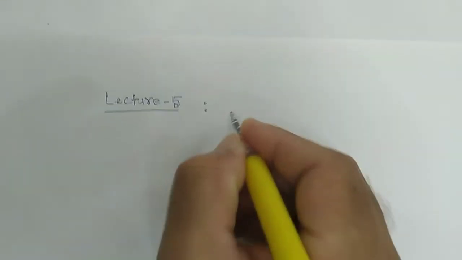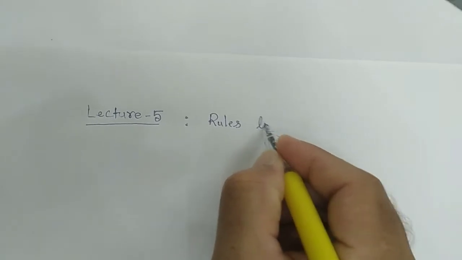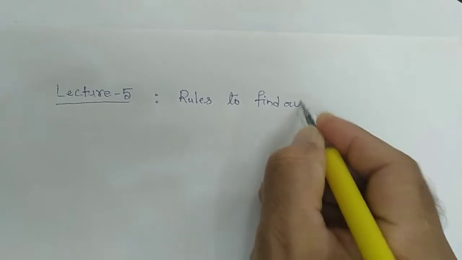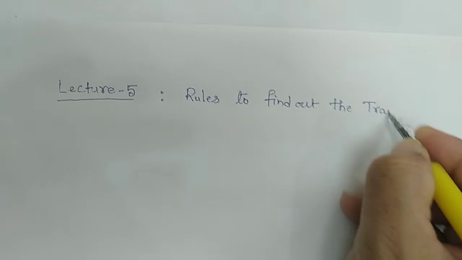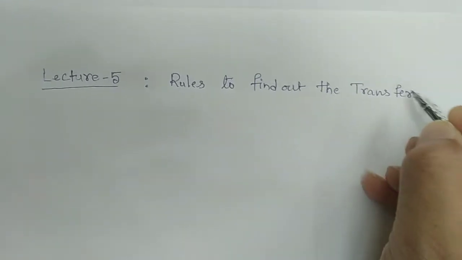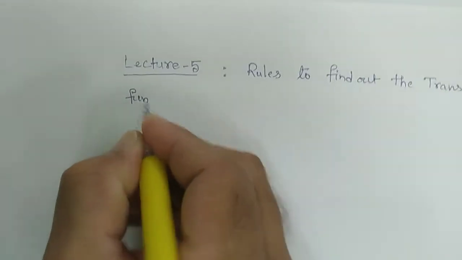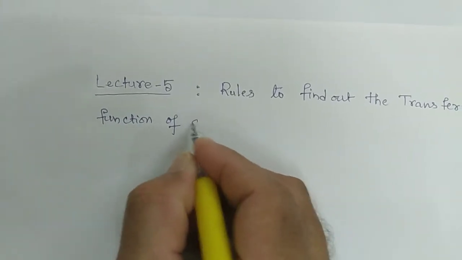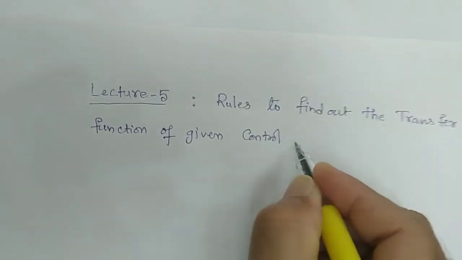Rules to find out the transfer function, or the overall transfer function, of a given control system.